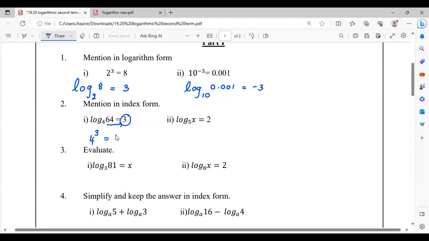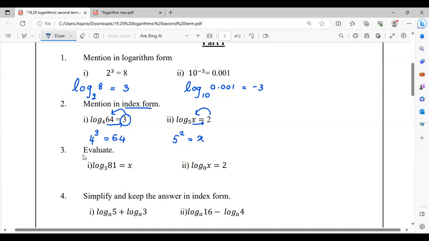It equals 64. Then here the base is 5, 5 to the power of 2. It equals x. You have to express in index form only, so there is no need to find the value of x here.